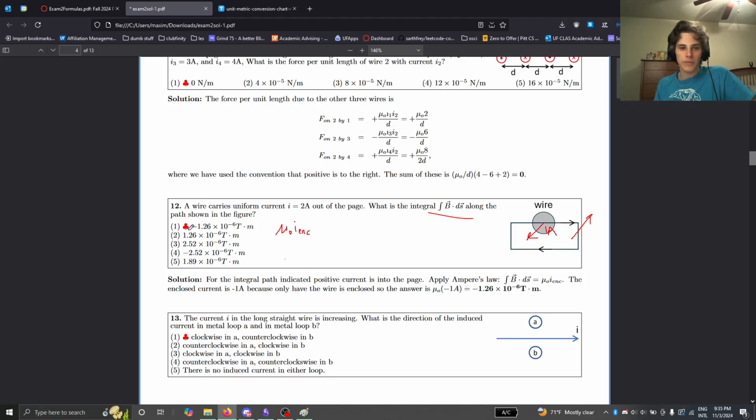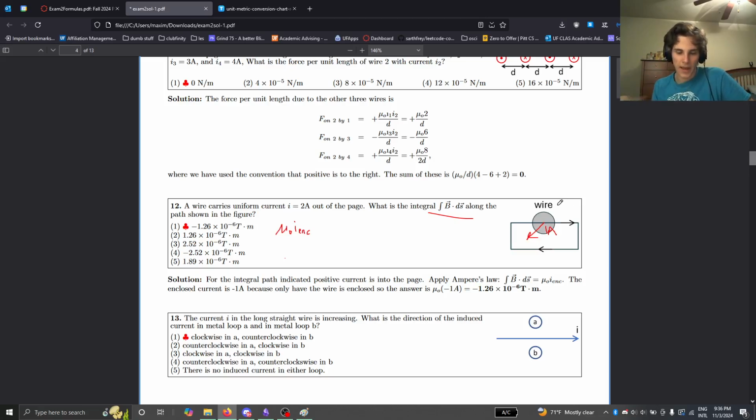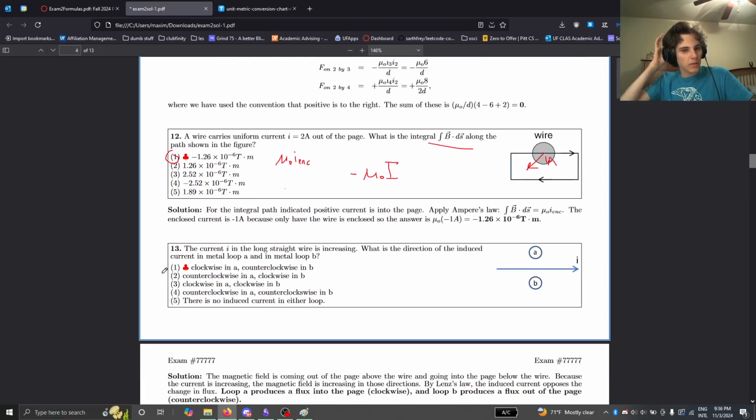So whatever we find, we will have to put a negative sign in, because the field from the outside and the path there oppose each other, so we have to negate it. And so then at that point, we just do mu naught times 1 and stick a negative sign in front. So 4 times pi, you get 12.5666. It's going to be a negative sign.